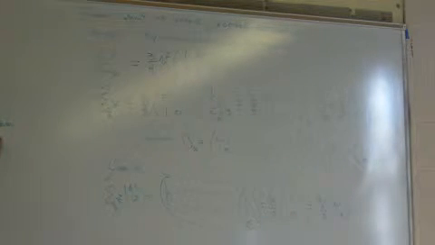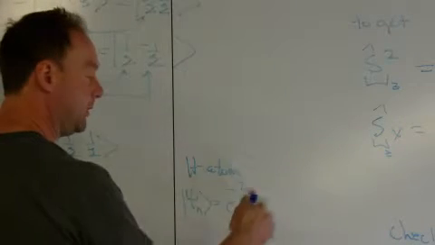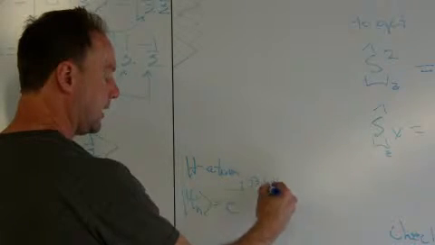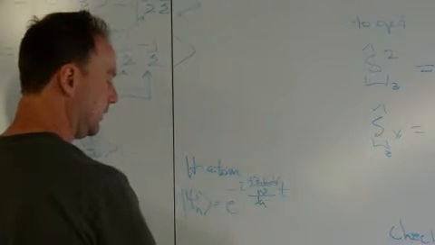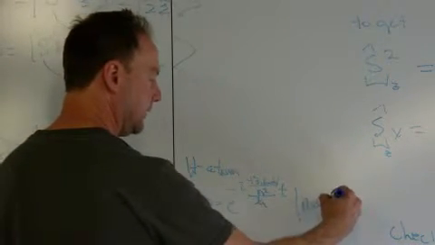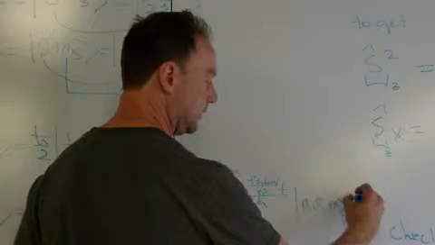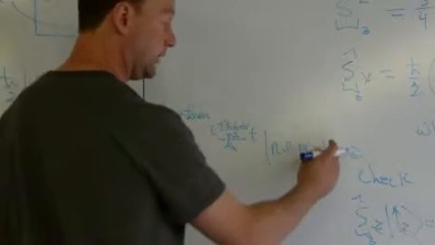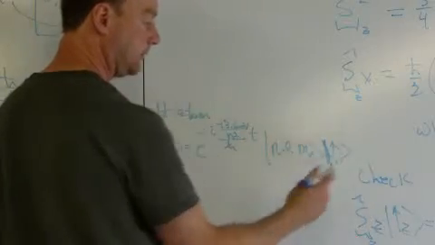At the moment, psi n equals e to the minus i, times minus 13.6 eV over n squared, over h bar, times t, times n, l, m_l. And now at the end, we can tack on an S and an m_s, or a spin particle that can be up or down.